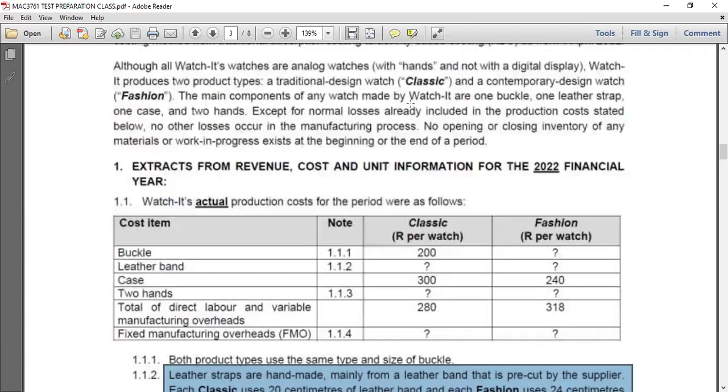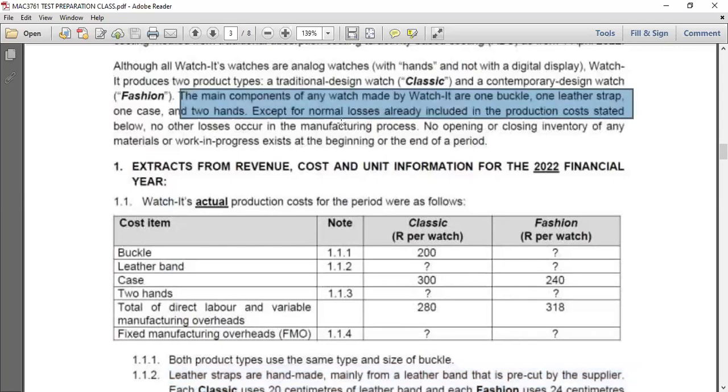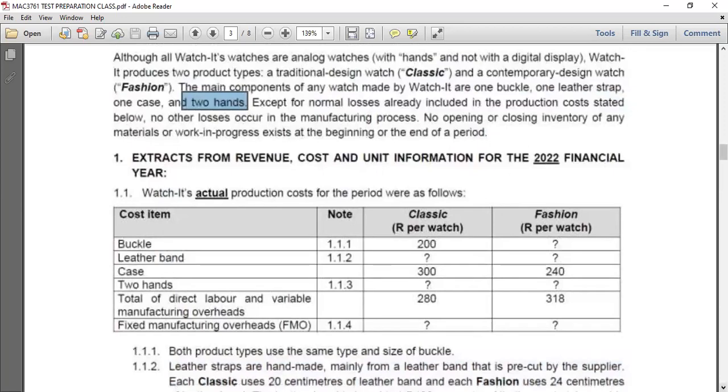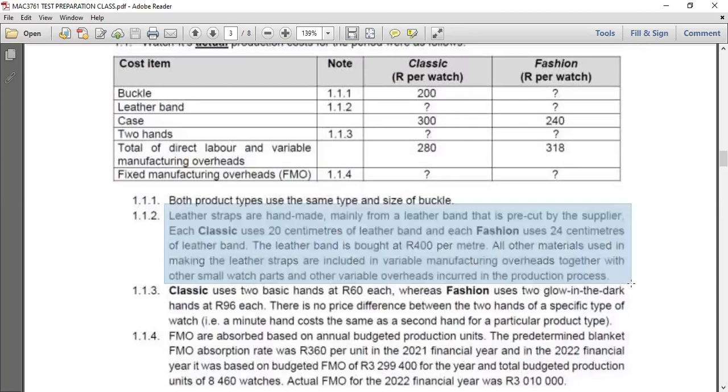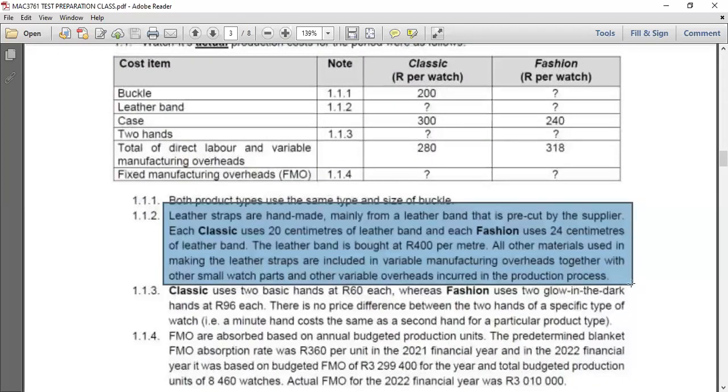The main components are one buckle, one leather strap. So it's one case and two hands. But why are these things important? You should know that for the hands, it's two. For the other ones, it's one. So the leather strap, with leather band, we know that is one.